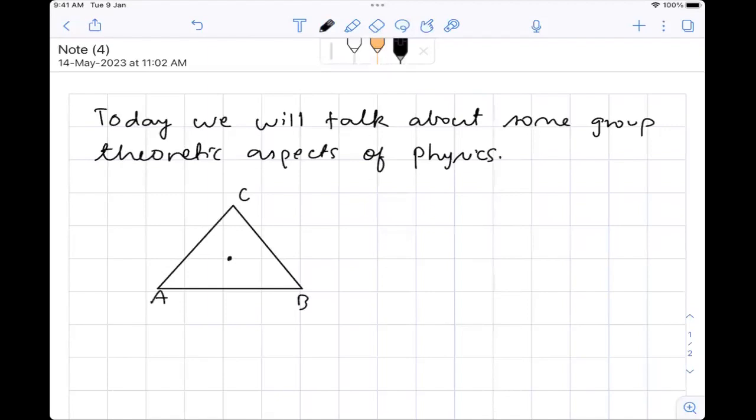Then if I rotate it, the triangle will still remain the same. And if I again do rotation by 120 degrees, rotation by 240 degrees, rotation by 360, which is again the same as doing nothing, rotating not at all. So these are three operations which will leave the triangle as it is.